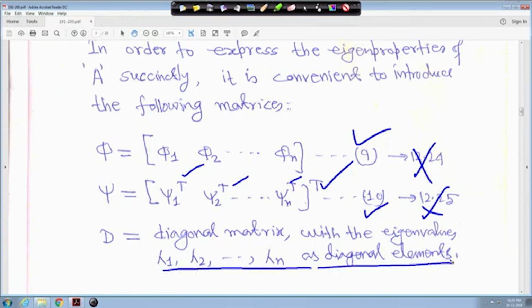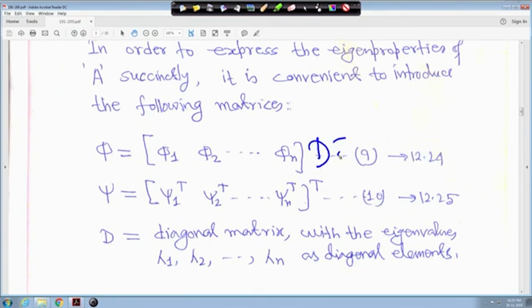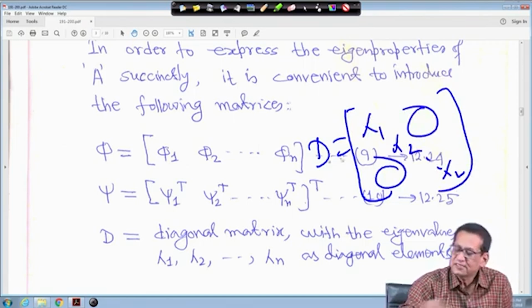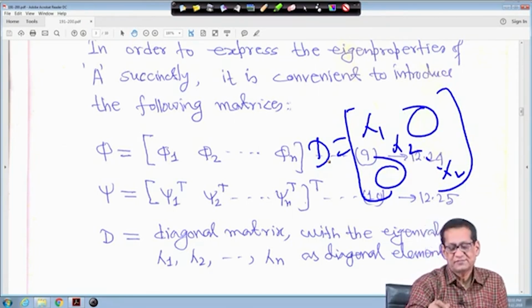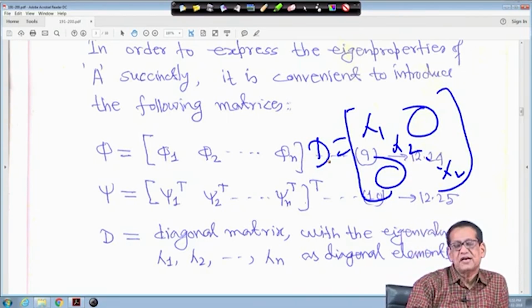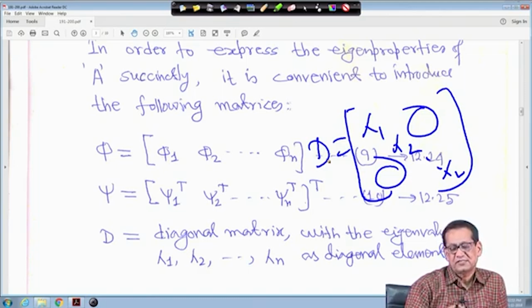That means D is a diagonal matrix, λ1, λ2 up to λn, other elements are 0. And this φ1, φ2, ..., φn or ψ1 transpose, ψ2 transpose up to ψn transpose, these are all column vectors; in total, it is a matrix, Φ and Ψ.